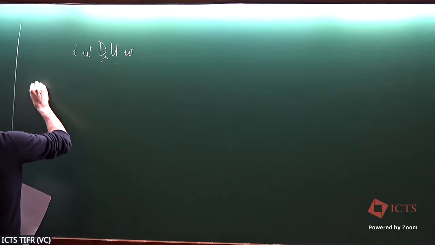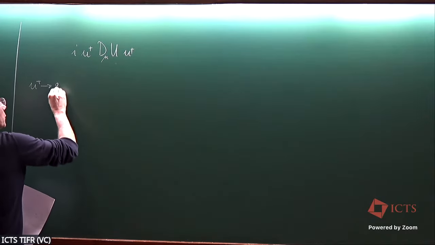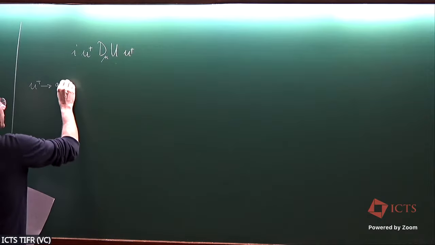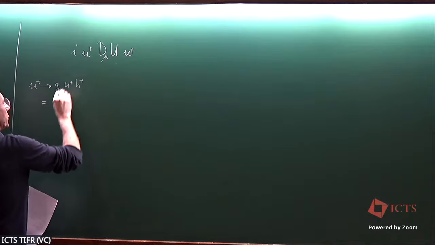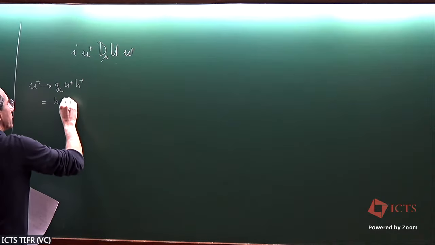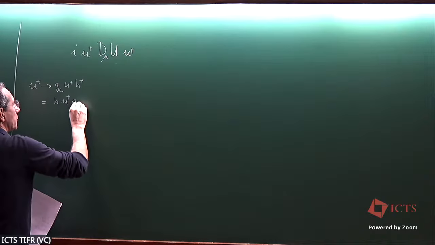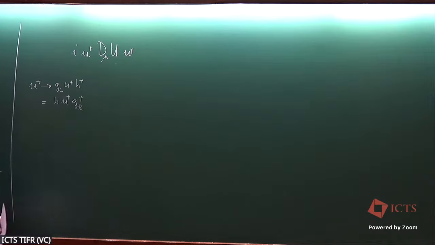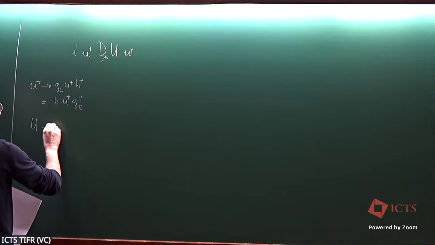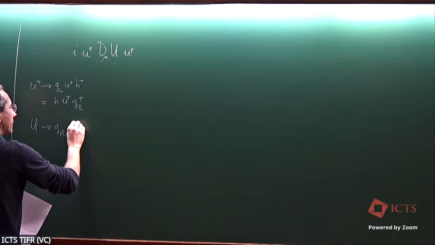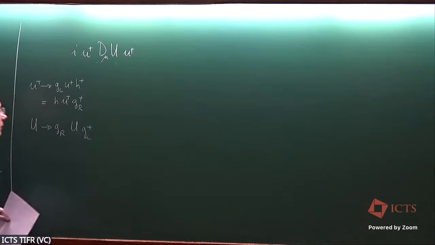Remember that this goes into G left, U dagger, H, but actually what I am interested in here is more this transformation property, G right dagger. So when I put it here, my big U goes into G right, big U, G left dagger.